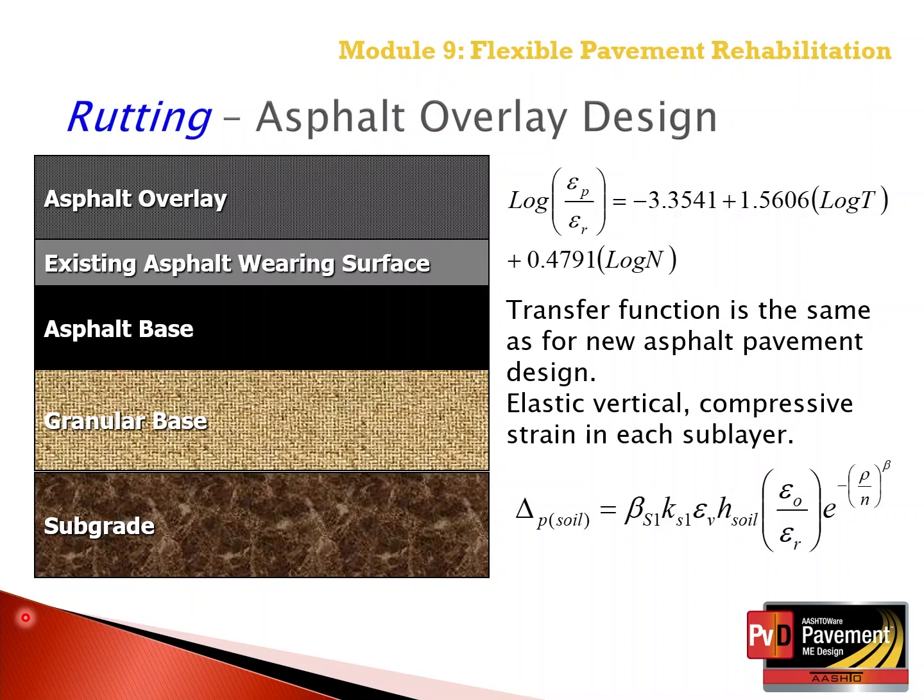The critical response is vertical elastic strains in the sublayers of the asphalt overlay and existing asphalt layers, as well as in the existing unbound layers and subgrade. Module 6-1-1 provided an explanation of the models, the mechanisms, and transfer functions for rutting measured at the surface.